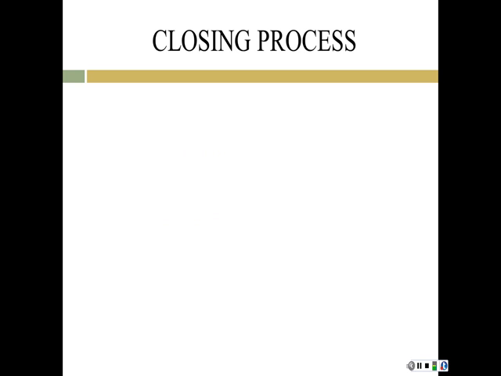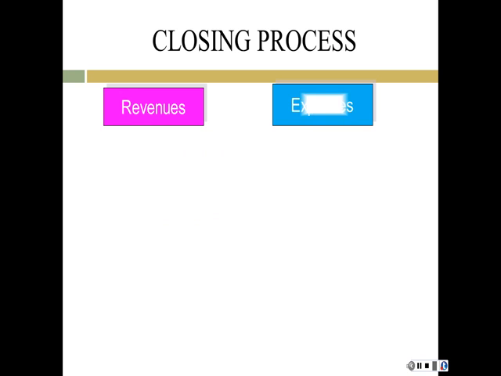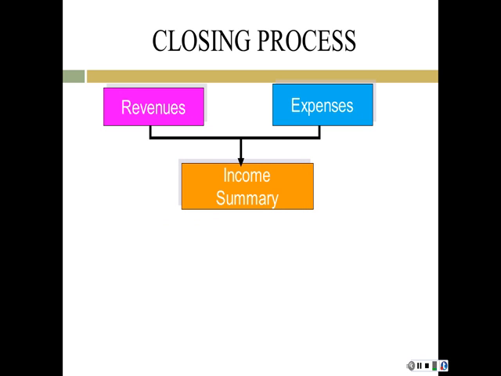Graphically, here is how closing works. We have revenues and expenses, and we transfer the balances of the revenue accounts and the expense accounts to a temporary account called income summary. This is a temporary account that exists only during the closing process.